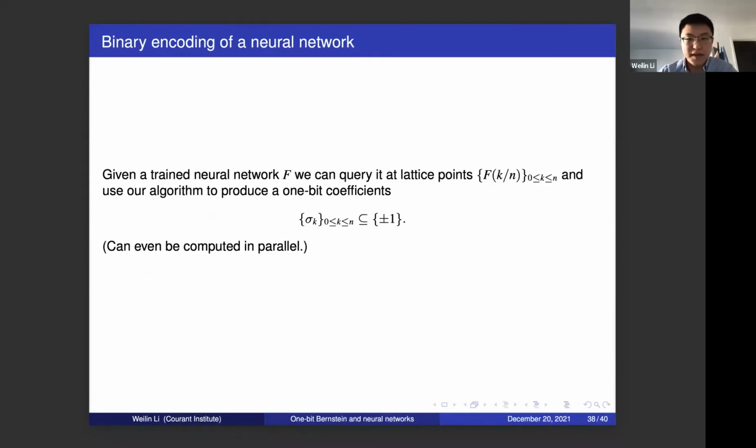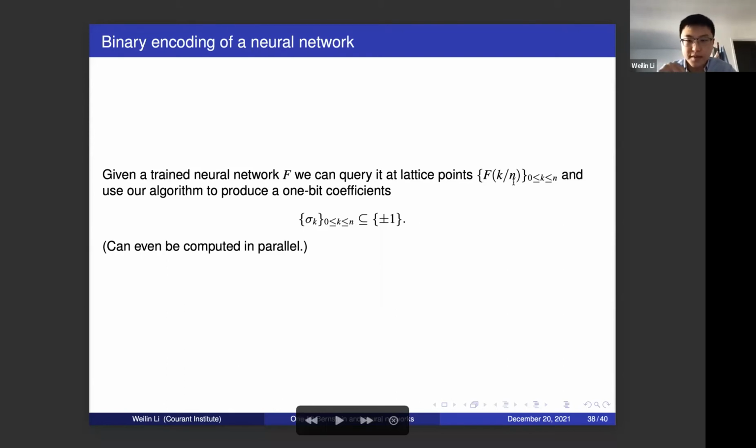And then finally, because of our constructive algorithm, it's actually possible to give a binary encoding of any neural network. If you give me a trained neural network, say AlexNet, I can query the network at lattice points, because I have the trained network. I just ask the network what the output is at each of these lattice points.